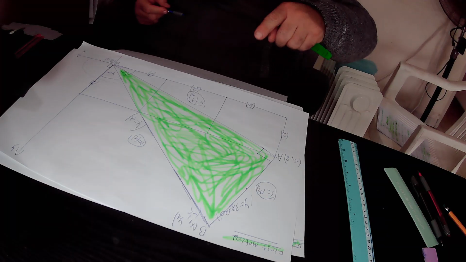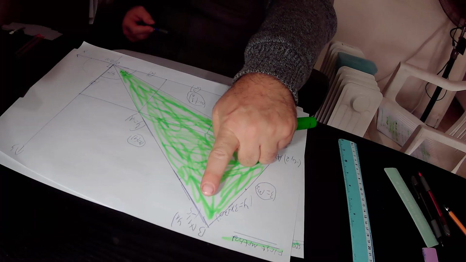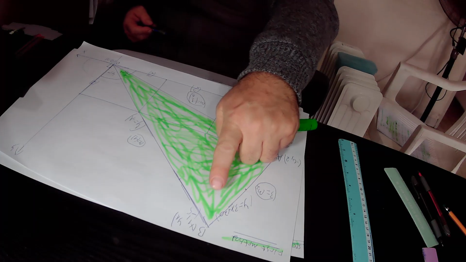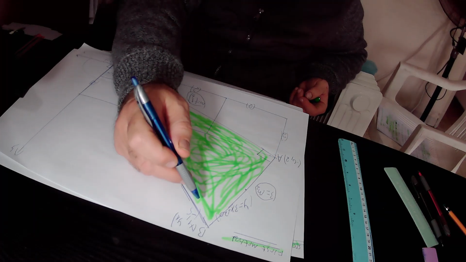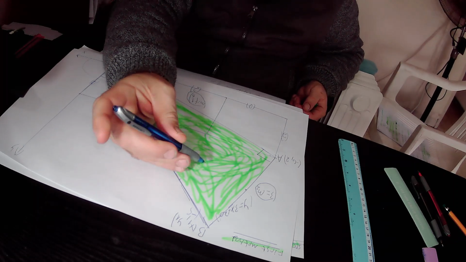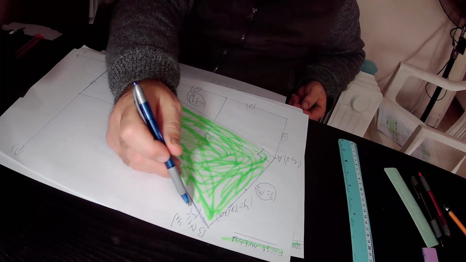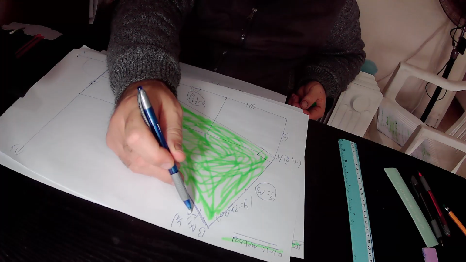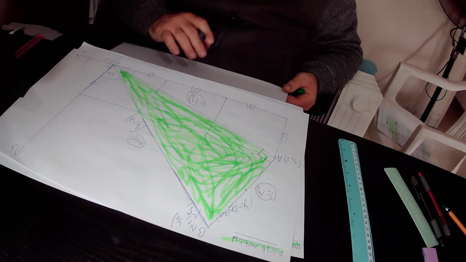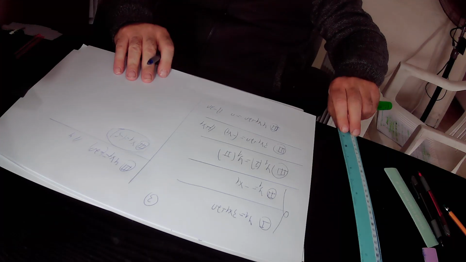Repeat again, we found out that the coordinate x of point B is x1 and x1 equals minus 5. What is the coordinate y of point B? The coordinate y is y1. What is the value of y1? We have equation 2.